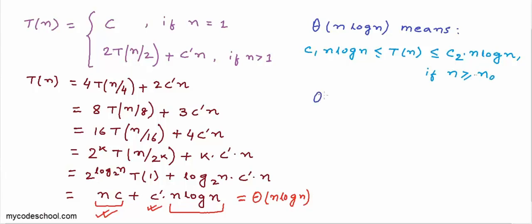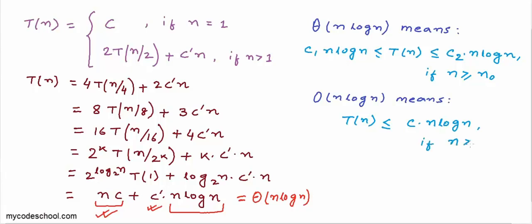And big O of n log n means that T(n) will be less than or equal to some constant times n log n if n is greater than or equal to some constant n naught. So this function T(n) here is both theta of n log n as well as big O of n log n.